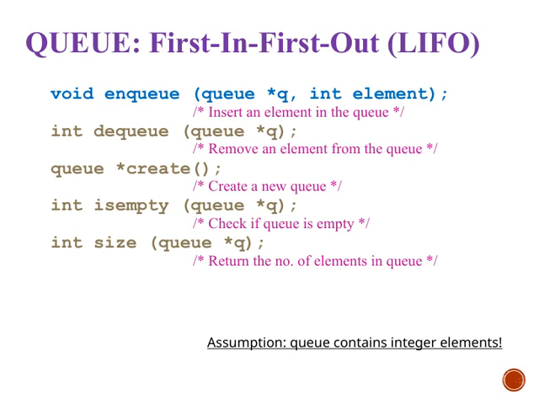The create function is essential because it initializes a new queue, giving us a fresh structure to work with. Then, we have the isempty function, which helps us check whether the queue is empty, crucial for avoiding errors when trying to dequeue from an empty queue. Finally, the size function tells us how many elements are currently in the queue, providing insight into its current state.